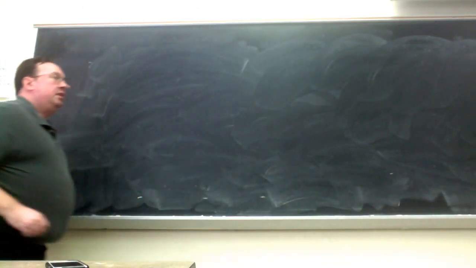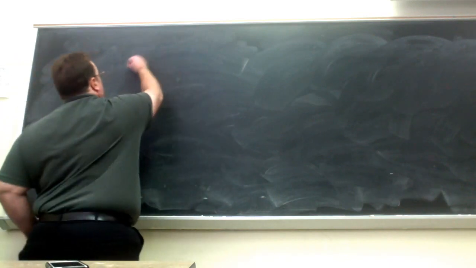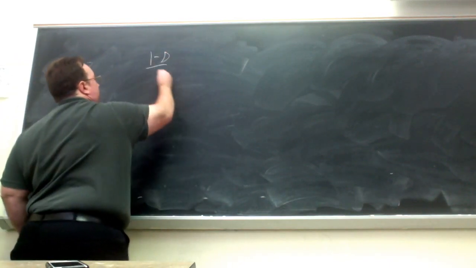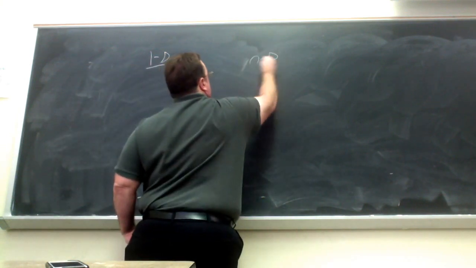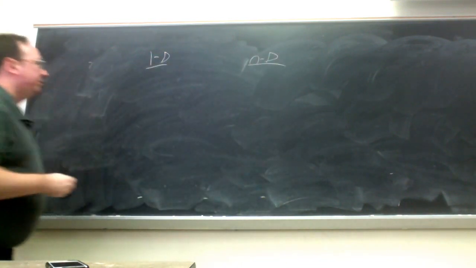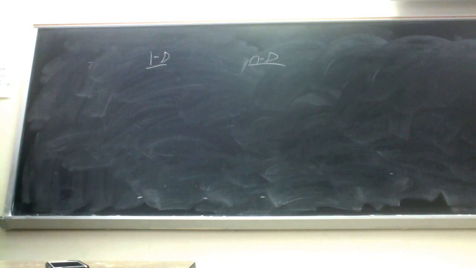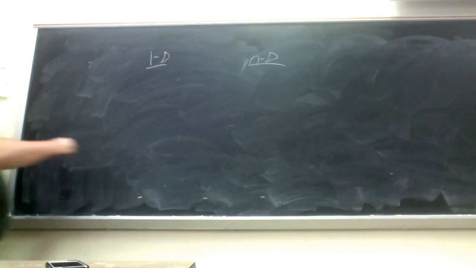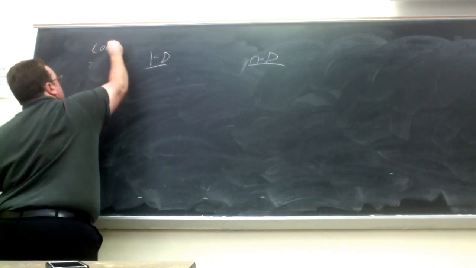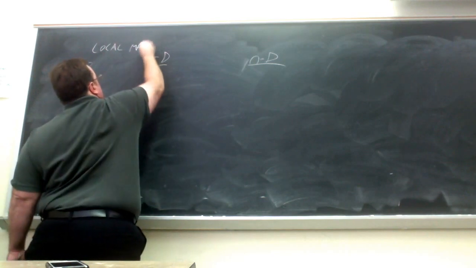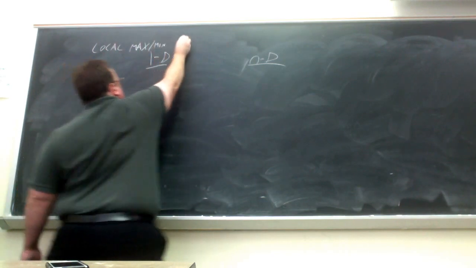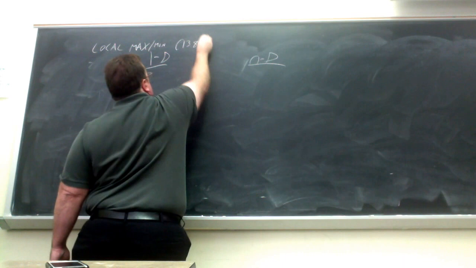To keep things simple, we're going to focus on functions of two variables. So I'm going to make a little chart here of criteria. What do you test for to find out if a function has a local max or local min? So this gets into section 13.8.